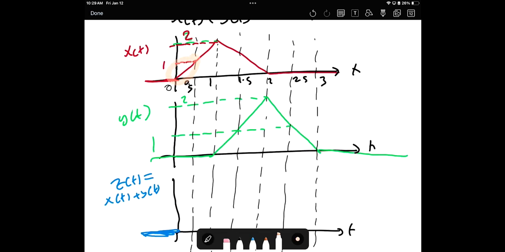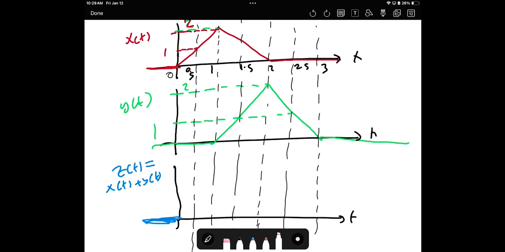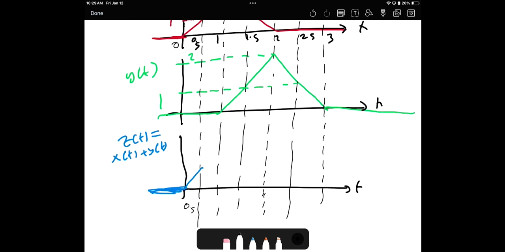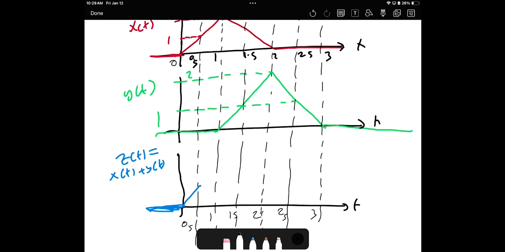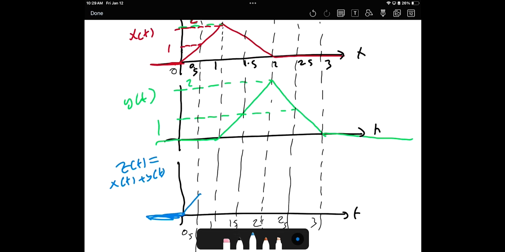Here x is growing, this is 0, so the slope will be the same slope. Then it will go from 0 to 0.5 and reach 1. So this is again 0.5, here is 1, 1.5, here is 2, 2.5, 3. So it will reach the value 1, like x of t.